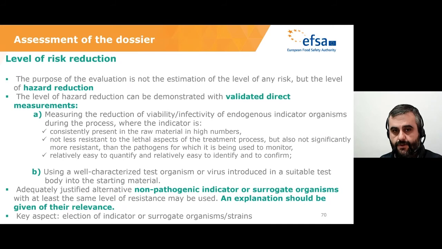First of all, I want to clarify that even if the section and the regulation mention the level of risk reduction, what we are actually asking the applicant to do is to determine and to prove that a sufficient level of hazard reduction is achieved. So we are not estimating risks according to exposure or to probability of illness in the population, etc. We are just seeing if a particular level of reduction of the most relevant bacteria, viruses, spores, or whatever the applicant sees in the hazard identification section as most relevant is achieved.